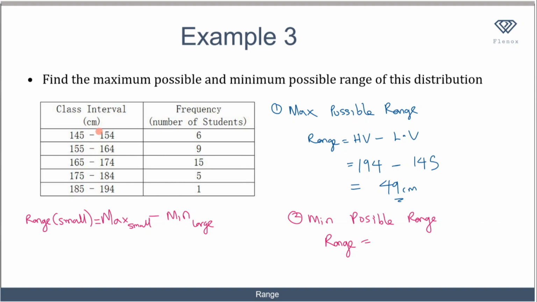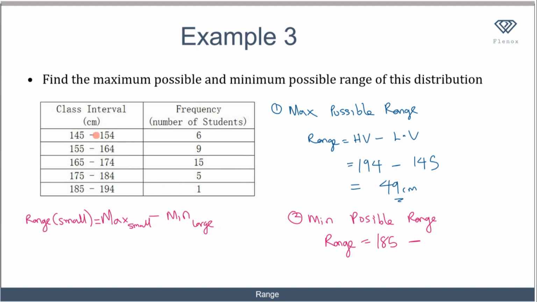Now when we come over here, we see that this one student can have a height ranging from 185 to 194. So for the minimum possible range, he must have the lowest height possible, and that means the student's height, or the maximum height, is 185. So you have 185 as his maximum height, minus, for the lowest value, the first row, where the height ranges from 145 to 154.